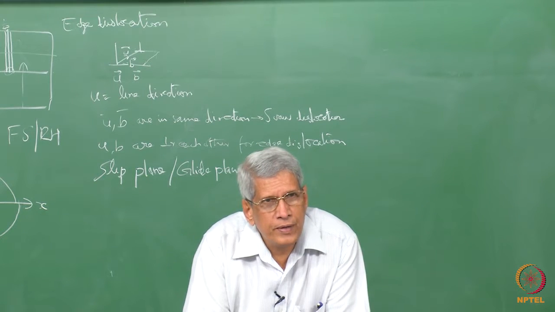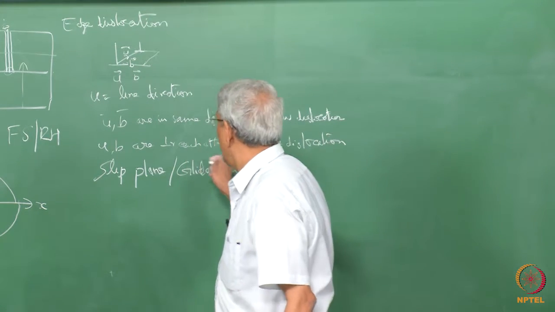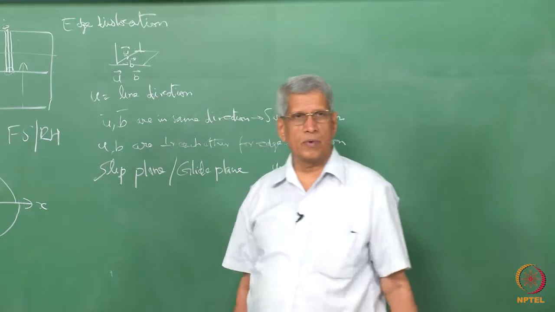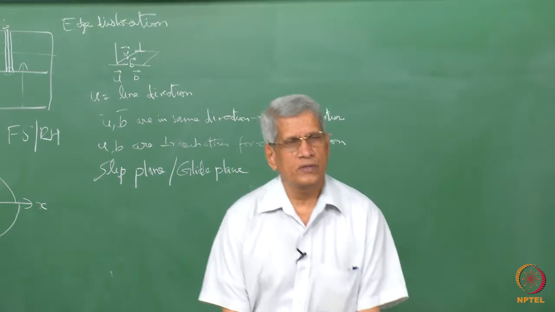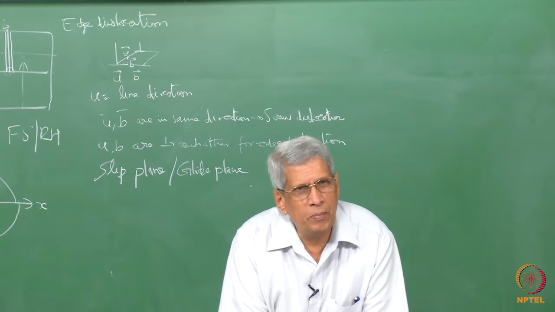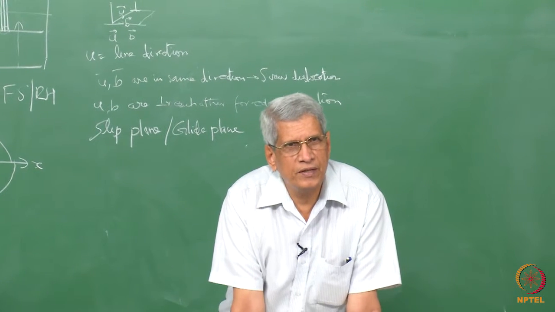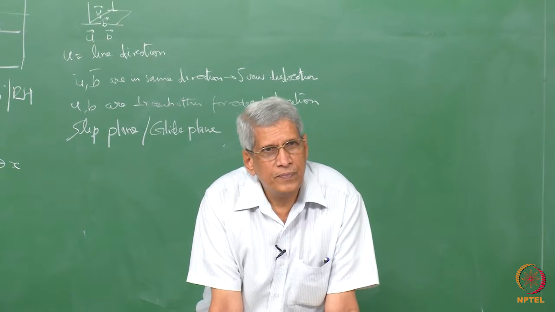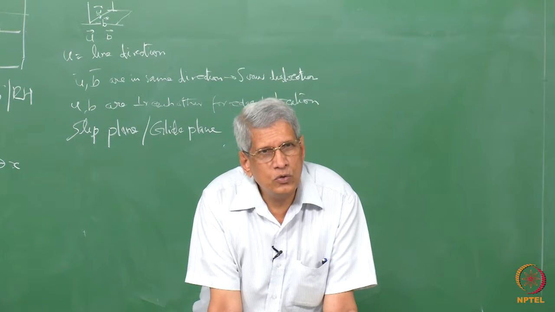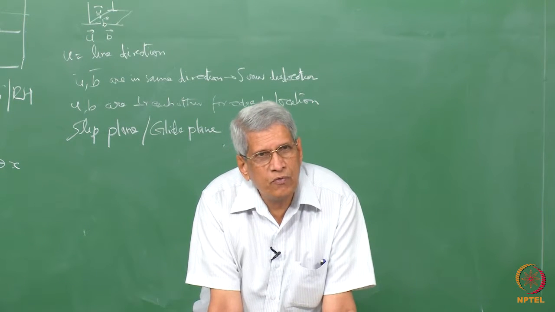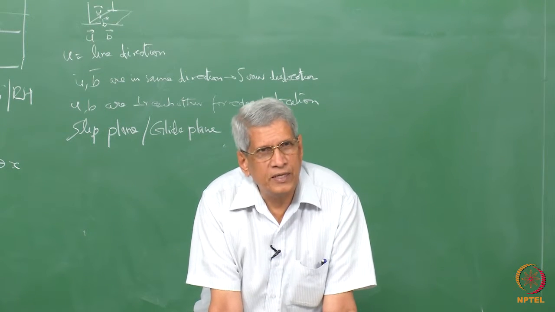Let us see, what is going to be u cross b for a screw dislocation? If you try to find out, it doesn't define a plane, correct? Because u and b are in the same direction. That means no slip plane is defined for a screw dislocation.